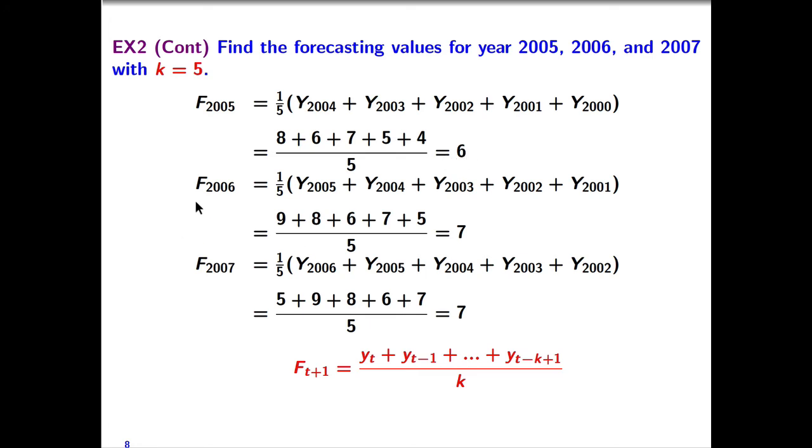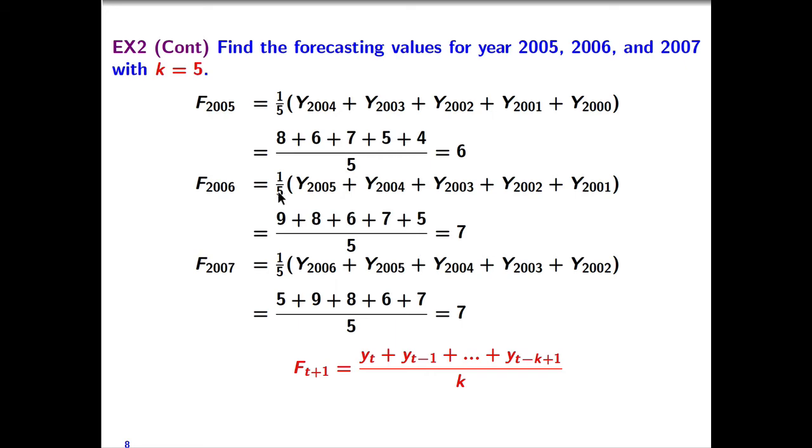Now, for year 2006, and this again is a forecasting value F, you add up the data from your time series, and you start with the current value, which is 2005. So you have y 2005 plus y 2004 plus y 2003 plus y 2002 plus y 2001 over 5.